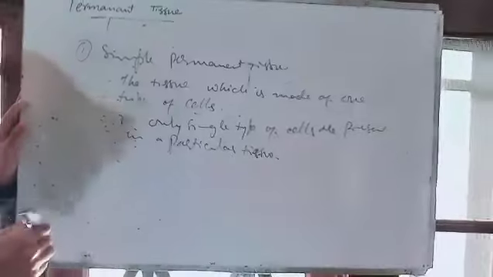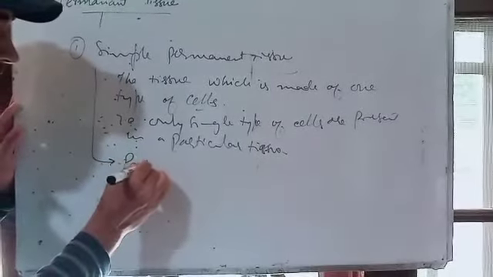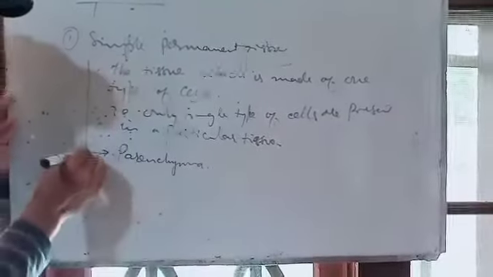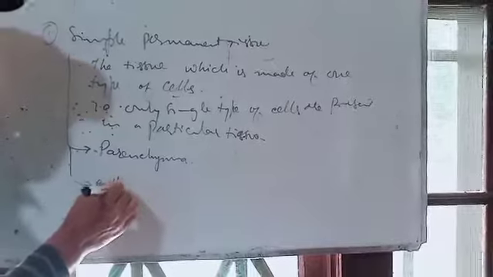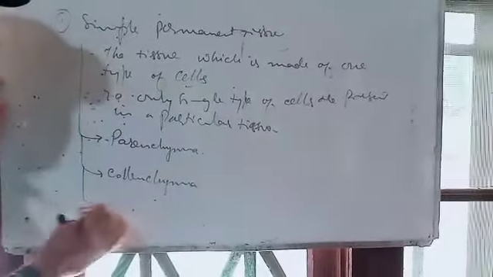The simple permanent tissue is of three types. Number one is parenchyma, number two is collenchyma, and number three is sclerenchyma.